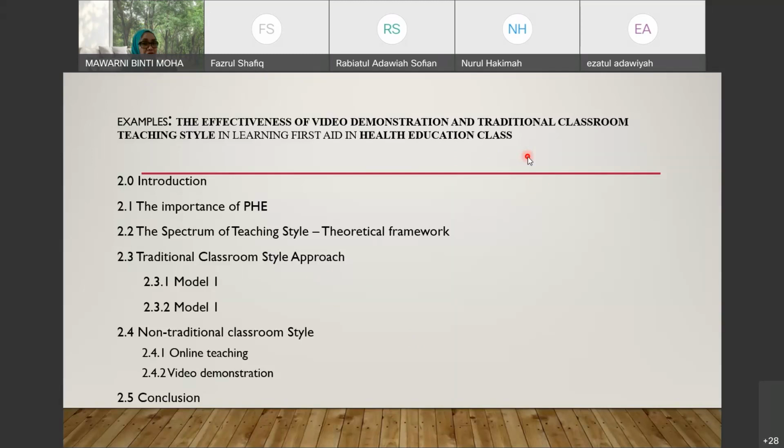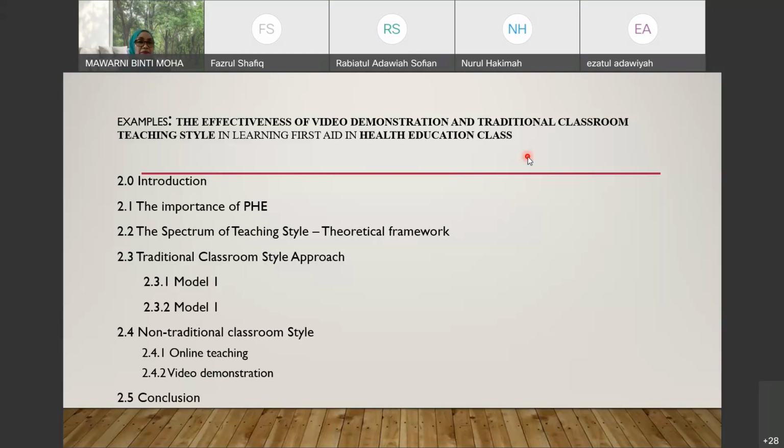In general, you talk about the importance of physical health education, the curriculum, what are the topics covered in Form 1, 2, 3, if you're referring to lower secondary, okay? And then you touch on the teaching styles, okay? The teaching styles, there you put the theoretical framework.